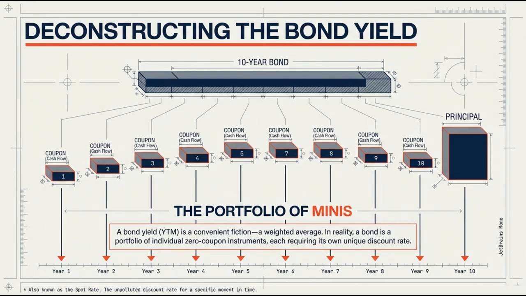A coupon paid in 1 year should be discounted at the 1-year zero rate, and so on. The theoretical price is the sum of all these individually discounted cash flows, each valued using its unique corresponding zero rate. That's a beautiful concept. It implies that a single bond is actually a portfolio of mini zero coupon bonds. That's the perfect way to think about it.